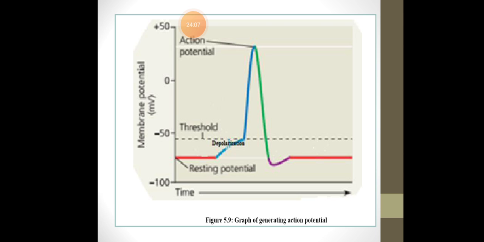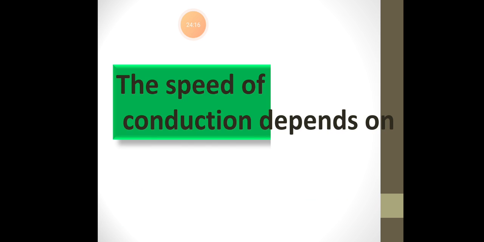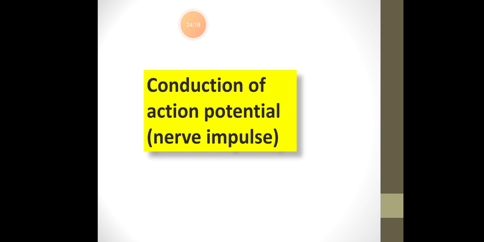The action potential is generated due to sodium inflow at one location in the axon. This action potential spreads to the neighboring location while the initial location repolarizes. Depolarization, repolarization, depolarization, repolarization.